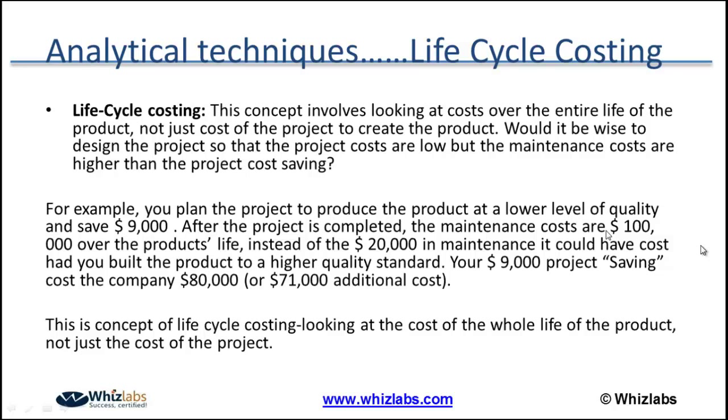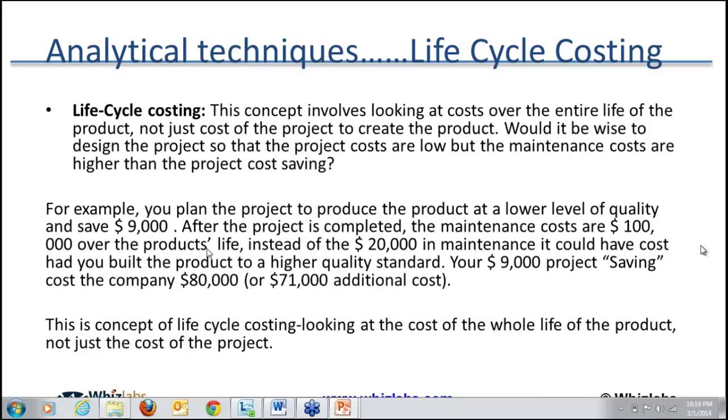That means by cutting the quality, he has saved 9,000 rupees, but the maintenance or warranty costs are now 100,000 over the product life, instead of 20,000. So if you had not cut the quality, you would have invested only 20,000.